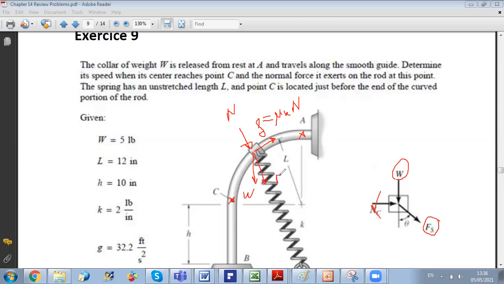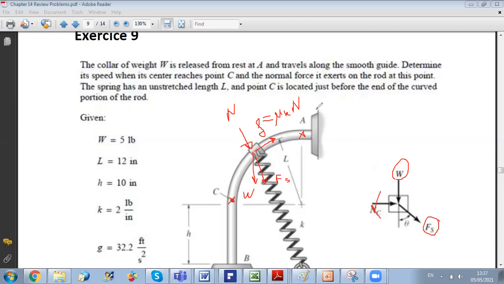Now, in this case, to find the work of friction, I should perform an integration. Why? Because look, the normal, as we have seen together, is a function of theta. And if the normal is a function of theta, the friction will also be a function of theta. And then you cannot say that we will apply the conservation of mechanical energy.